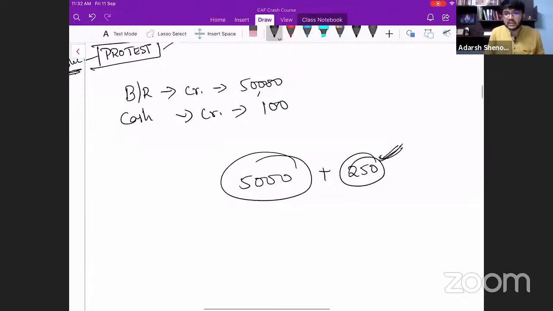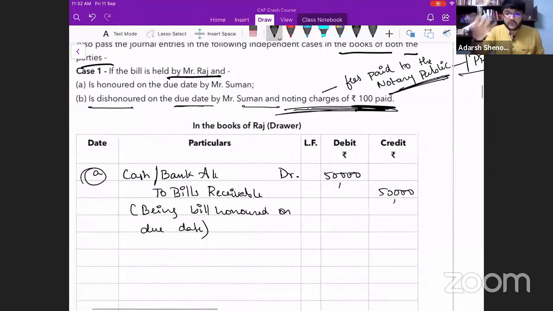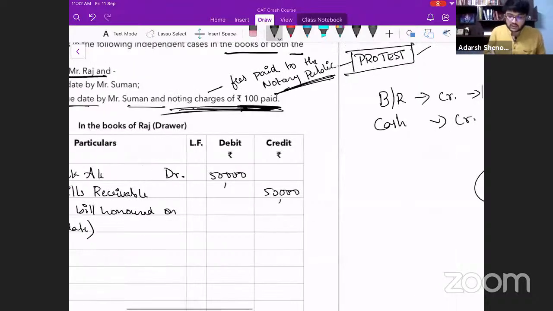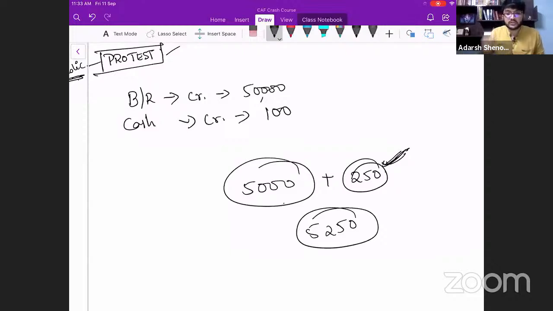Are you following this? In this case also it's the same thing, right? Instead of getting 50,000 rupees, 100 rupees is going off my account. Similarly, I will tell my client, boss, your check got bounced. It was dishonored. Now please pay me not 5,000 rupees, you have to pay 5,250. Make a new check or transfer 5,250, because 250 rupees is gone from my account.